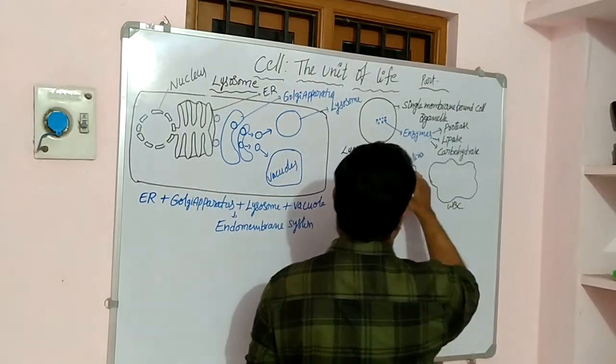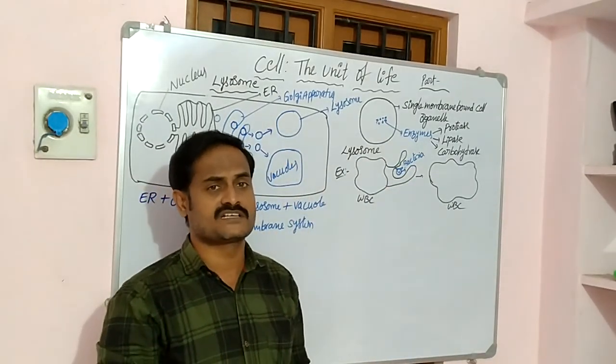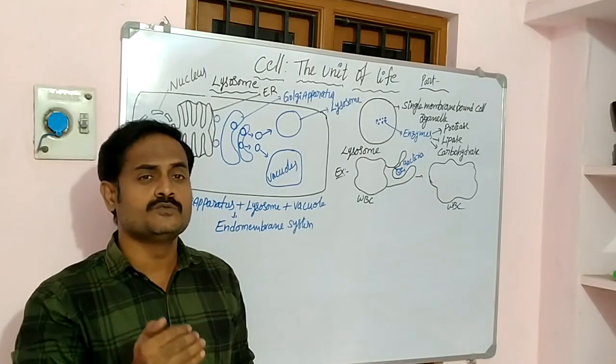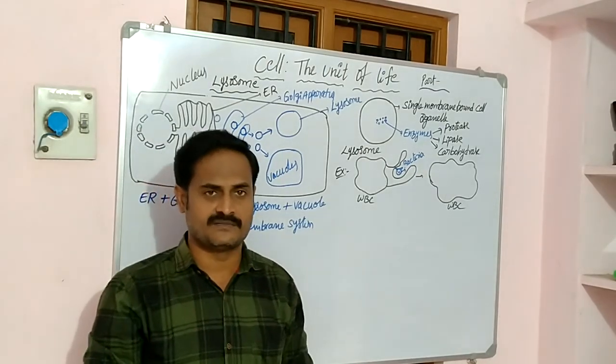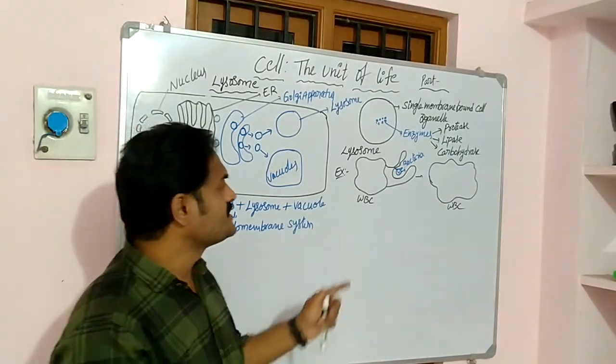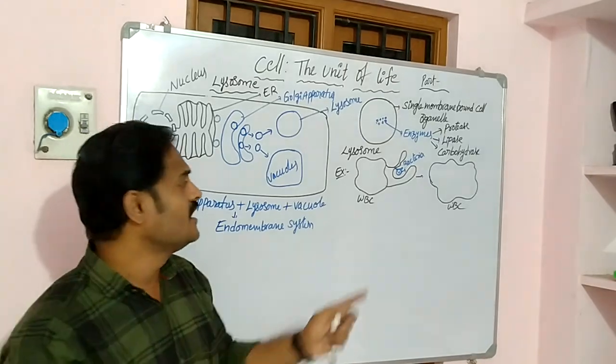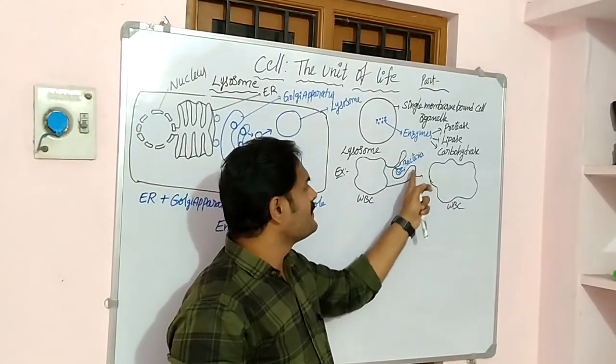The white blood cell has one specialization: it is able to move from one place to another, but not RBC. If it wants to catch any microorganism or bacteria, it forms specialized structures around the bacteria.